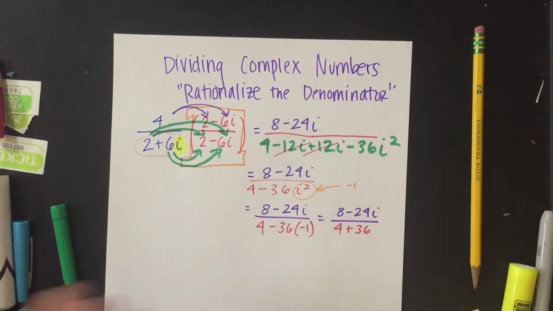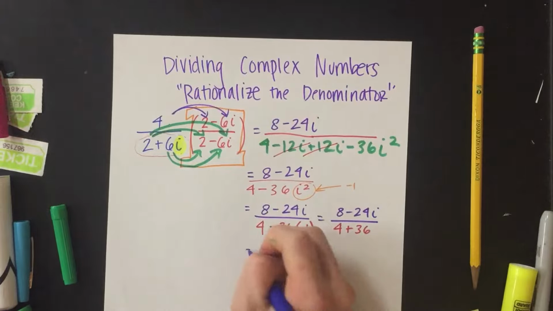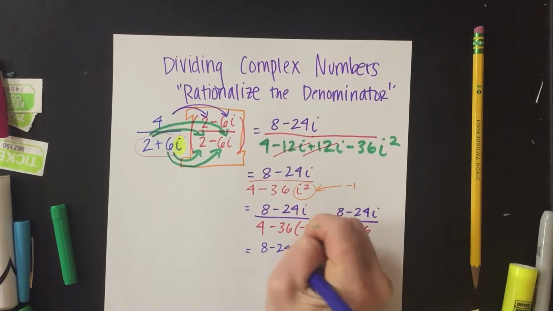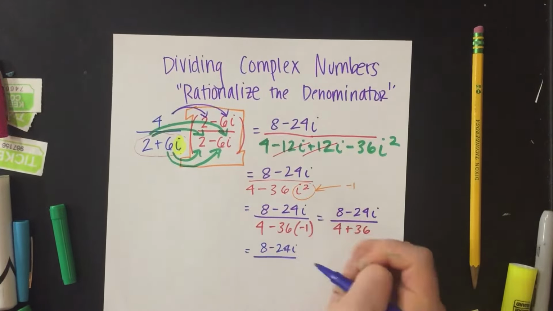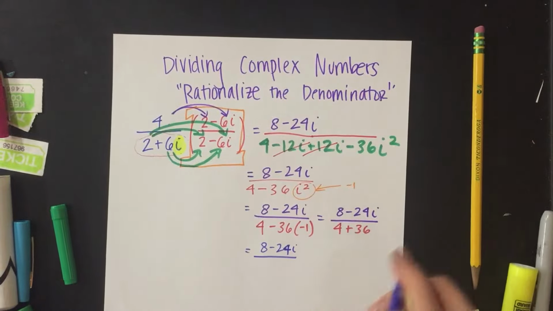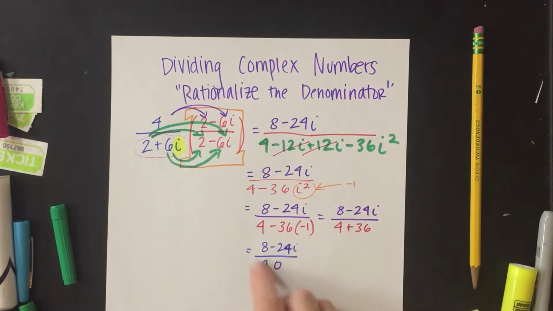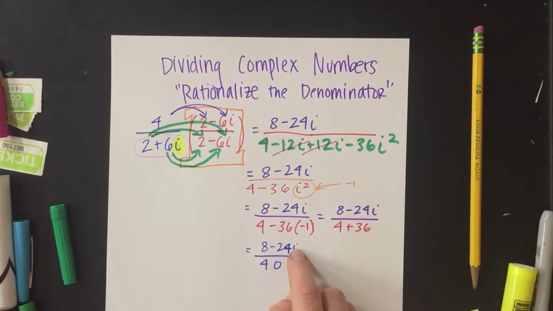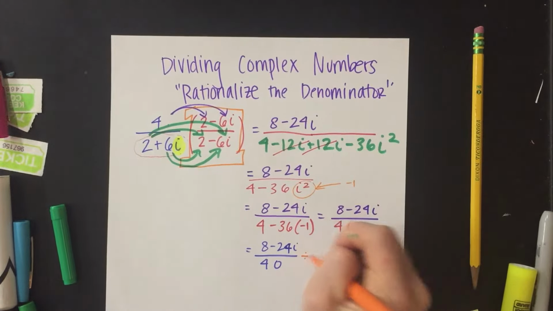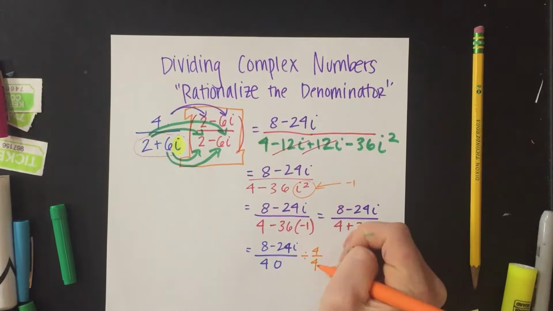Then what can I do? I can simplify the denominator. So that is equal to 8 minus 24i over 4 plus 36 is 40. And there's one more step I have to do here, which is to simplify this. What number goes into 8, 24, and 40? Well, that would be 4. So I'm going to divide by 4 over 4.